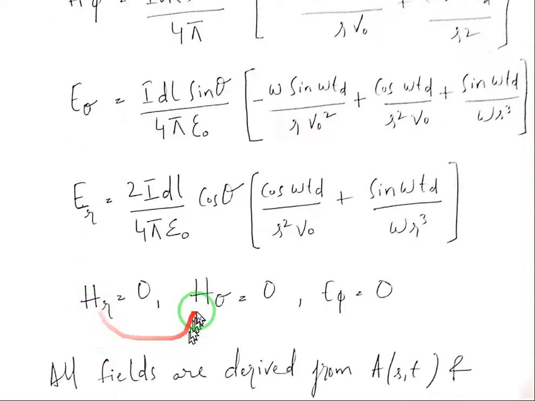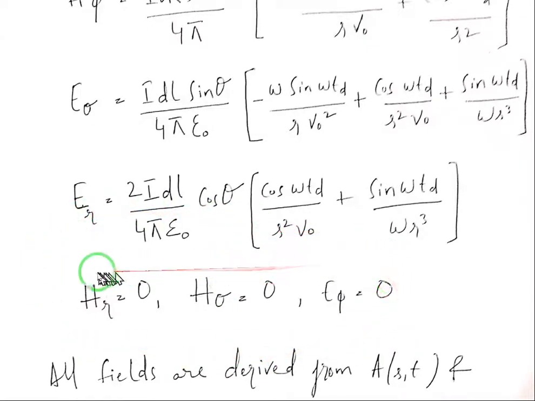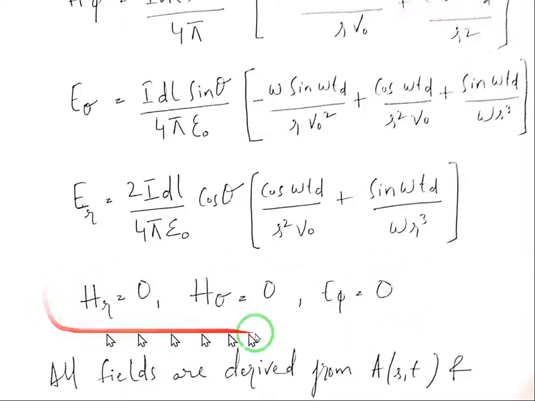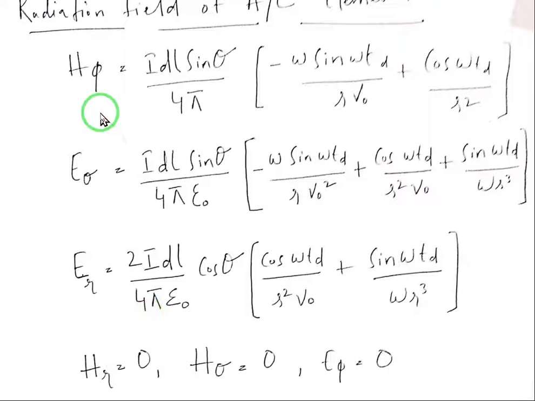Other values like HR and H theta are considered to be zero as they all are derived and the end result is retrieved as zero. So H phi, which has come out as an end result, is equal to I dl sine theta divided by 4 pi multiplied by minus omega sine omega t divided by r v naught plus cos omega t divided by r square.